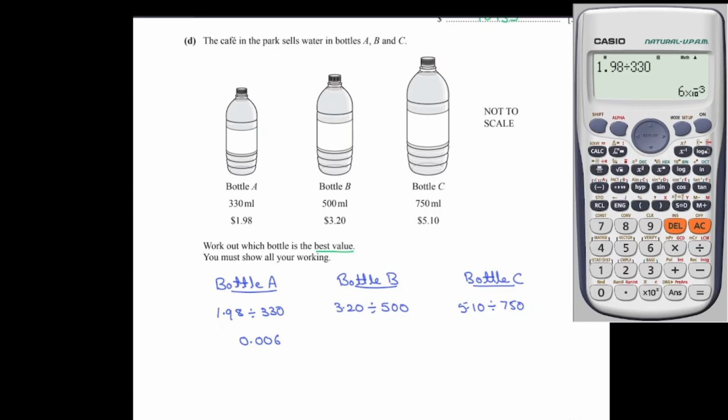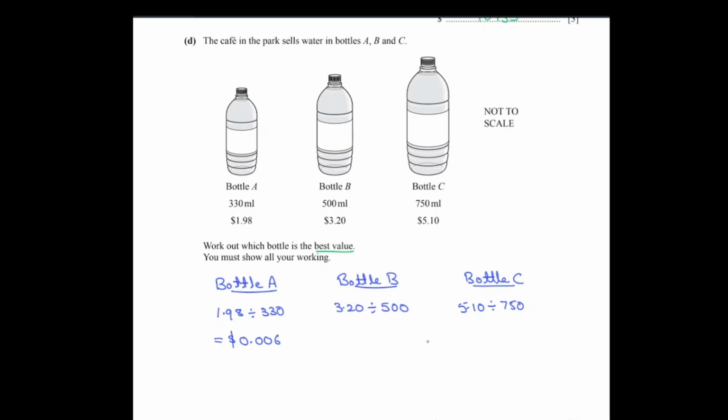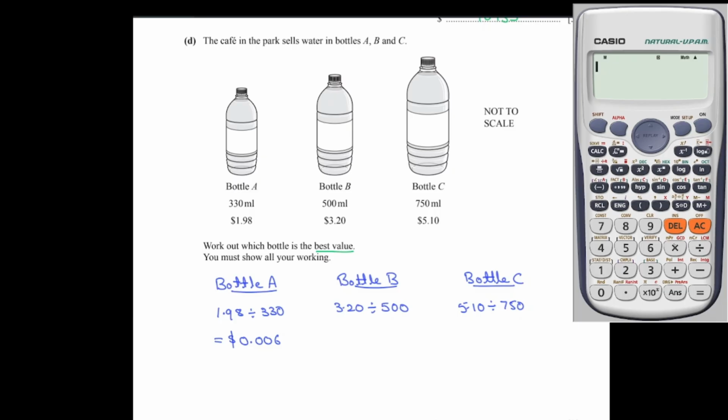I am writing the standard form in usual form. Then next you will do 3.20 divided by 500.